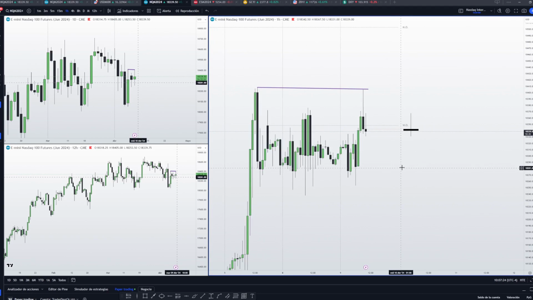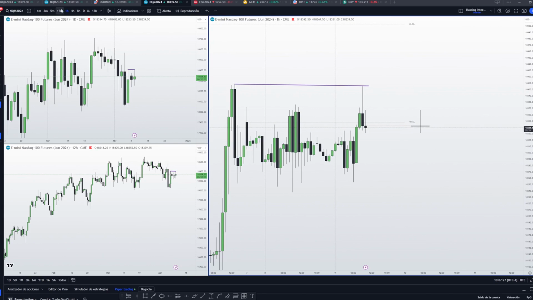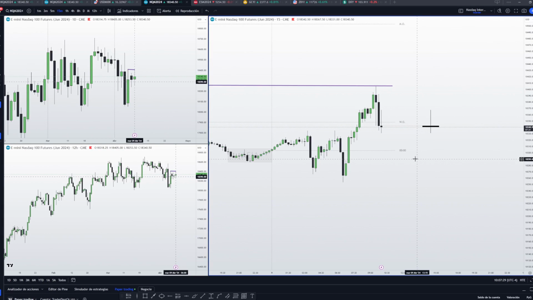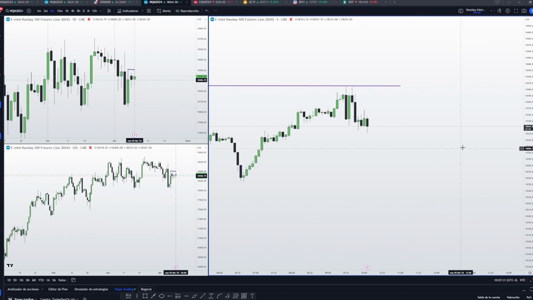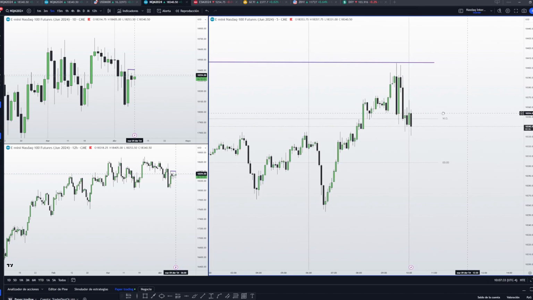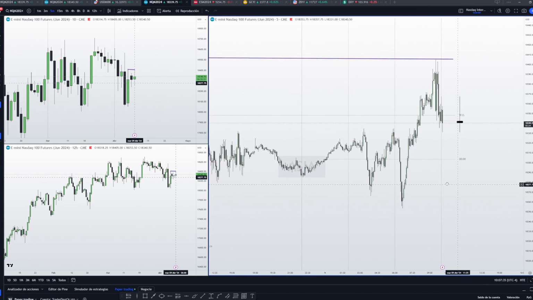Price in the weekly open, below the weekly open in this moment. 5 minutes. Okay, 5 minutes displacements here.